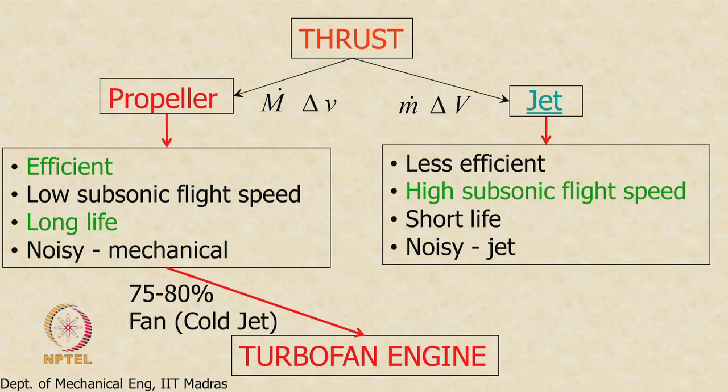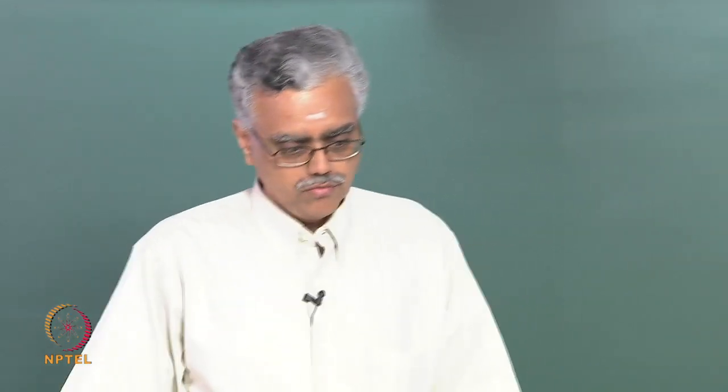Again, remember, up to 80% of the thrust is generated using the fan, and about 20 to 25% of the thrust is generated using a hot jet. So, it retains the advantages of both, and hence it has an extremely good fuel efficiency, and it is used very widely today in the industry.